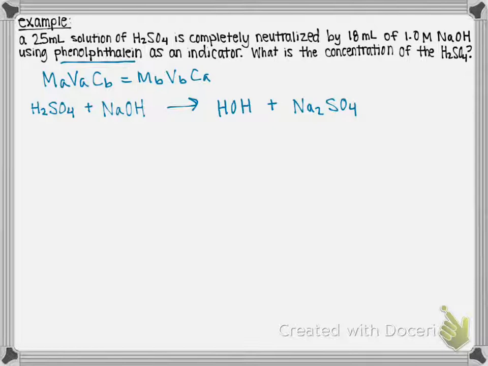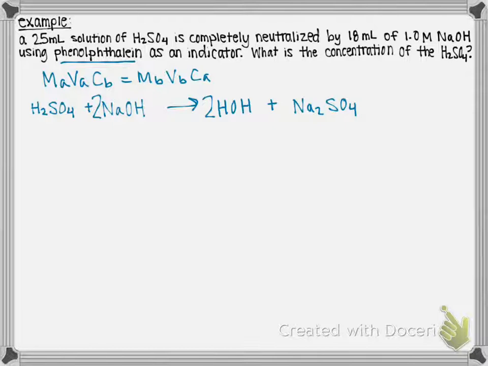Alright, so acid plus base gives you salt and water. You need to balance it first with a 2 here and a 2 here. Okay, now that it is balanced, you have all of the coefficients that you need.